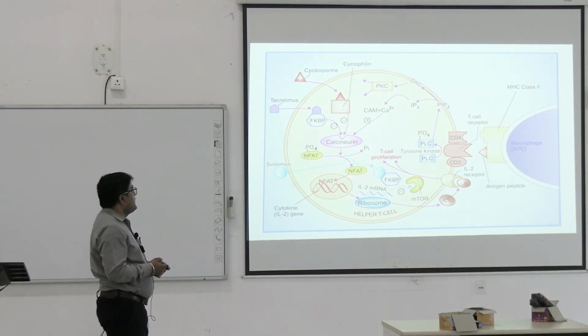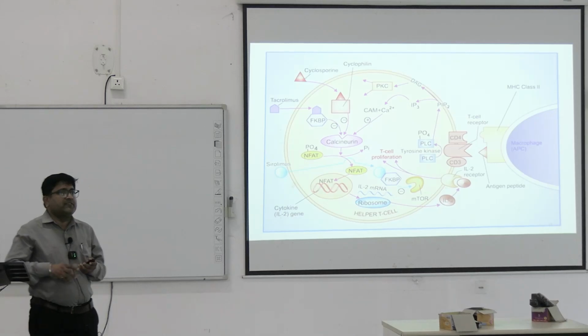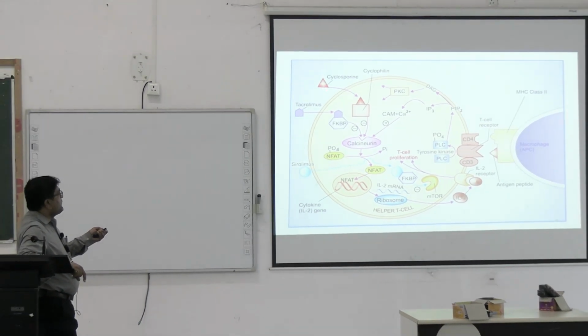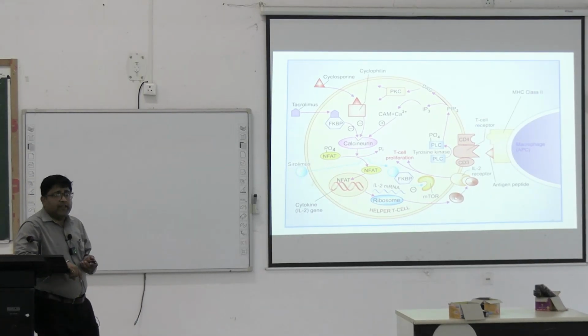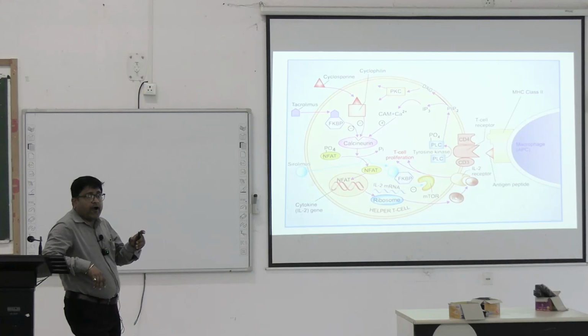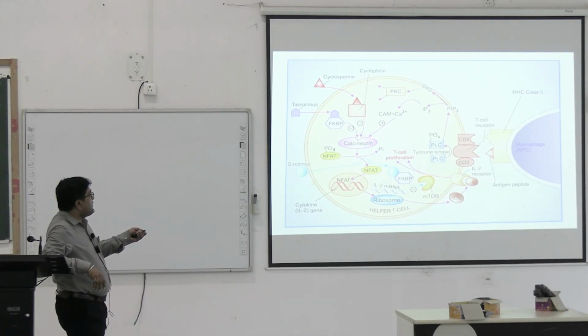So basically, this is a schematic diagram showing how the different immunosuppressants are acting. Now, cyclosporine basically binds to the immunophilin protein that inhibits calcineurin. Calcineurin is activated after activation of the T helper cell that results in the activation of NFAT.